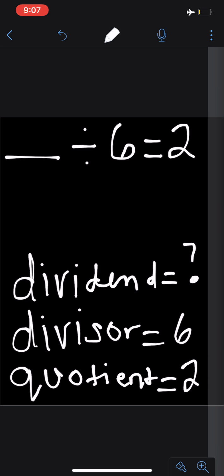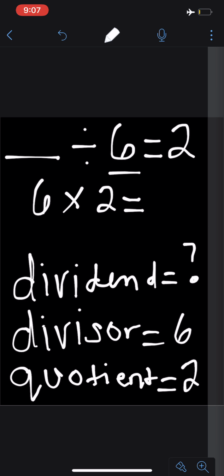One operation to come up with a larger number would be multiplying. So I'm going to take my divisor, 6, and multiply my divisor by my quotient, which is 2. So 6 times 2.